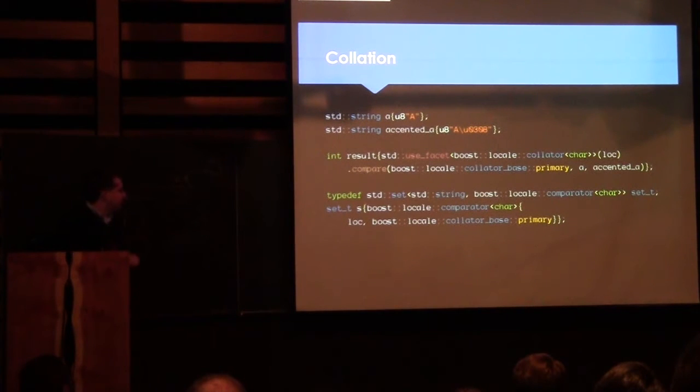So, for example, here we construct a set with this comparer. It'll actually handle Unicode equivalents, and it'll do the correct collation when you stick things in the set. This is most useful, for example, if you're storing words in a language that has multiple representations, and you want to make sure that you only have one copy of each word.